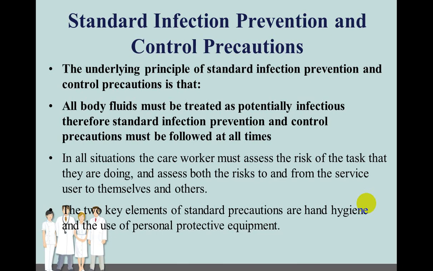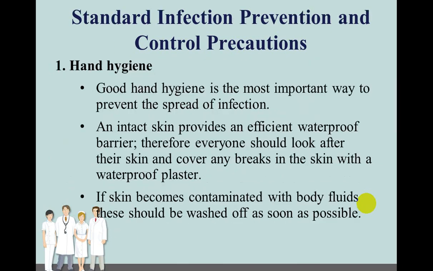In all situations, the care workers must assess the risk of the task that they are doing and assess both the risks to and from the service users, to themselves and others. The two key elements of standard precautions are hand hygiene and the use of personal protective equipment.